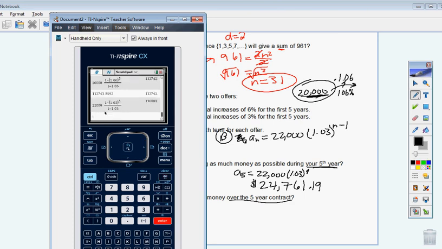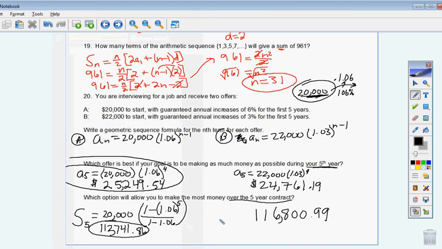And then I go up and see what that was, and it actually came out to $116,800.99. Look at that. So we got 112,000 versus 116,000. So actually, over the life of the contract, you're making more with job B. All right, that was great. And I think I'm going to have to cut the video there because that took a while.